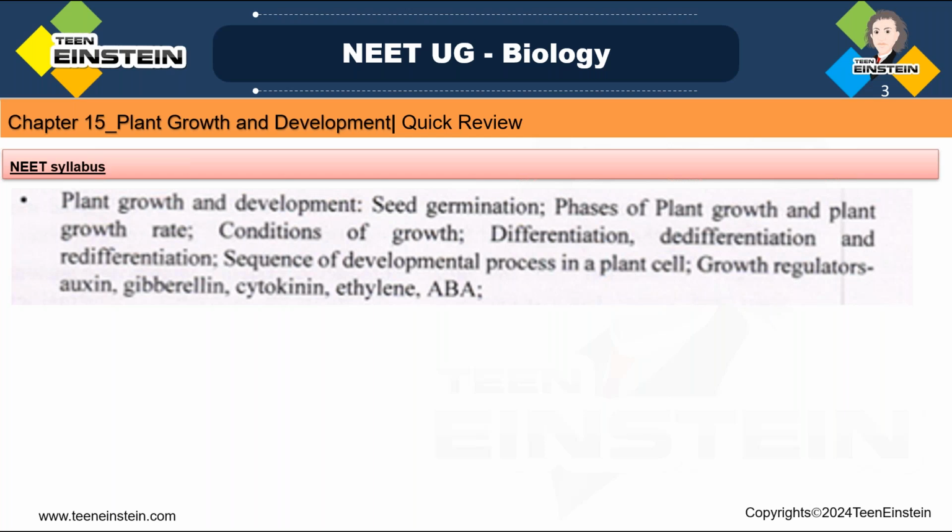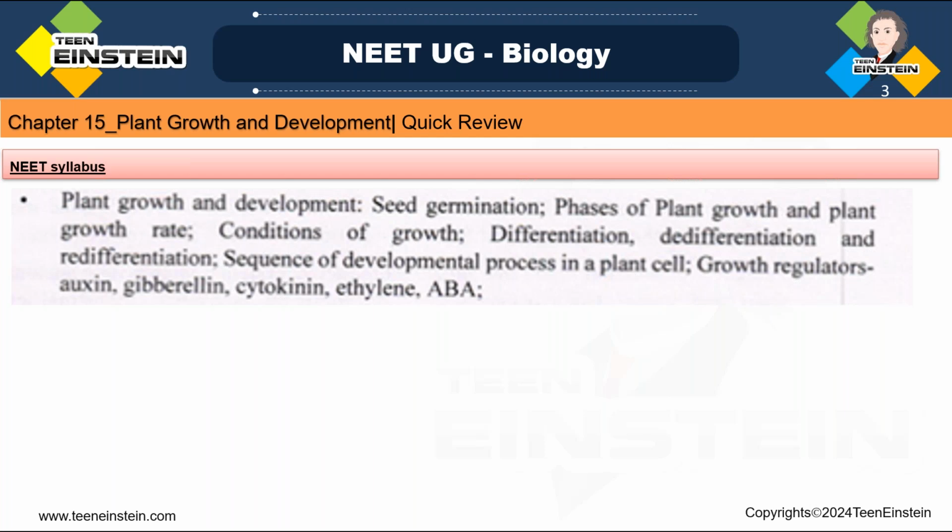And the sequence of developmental process in plant cells: from meristematic cells dividing, growth happening, a new cell, then expansion, enlargement, maturation, then a mature cell which will remain for a certain stage, and then senescence, which leads to its death. So the sequence of developmental process in a plant cell we have also learned.